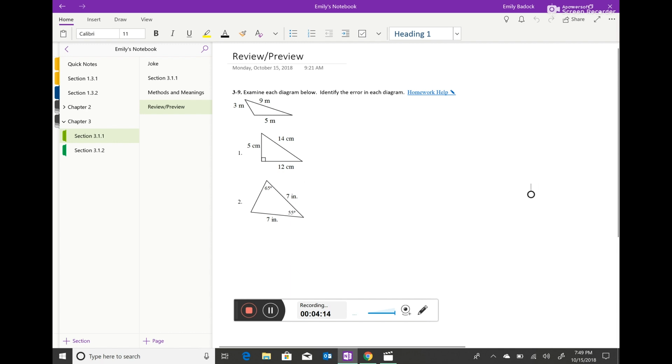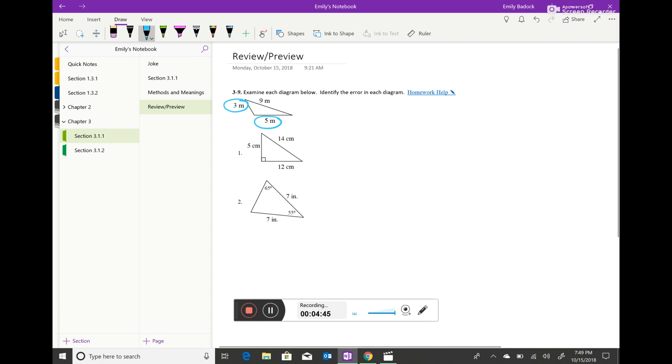For this question, it says examine each diagram below and justify the error in each diagram. For the first triangle, we're given all of the side lengths. It's not a right triangle, so we can't use the Pythagorean theorem, but we can use the idea of side lengths. Remember our rule: the sum of the 2 smaller side lengths cannot be smaller than the longest length. So 9 has to be smaller than 5 and 3 added together.